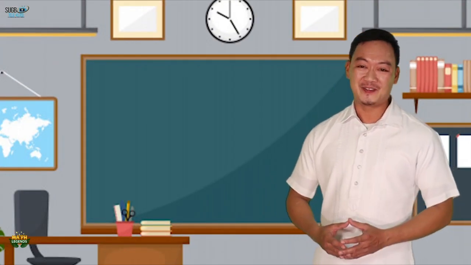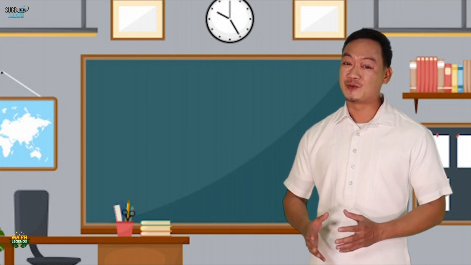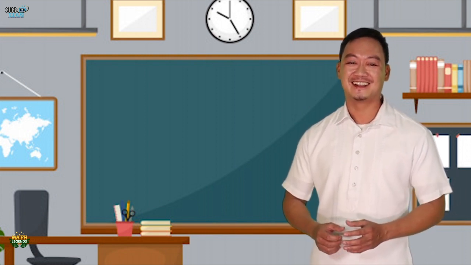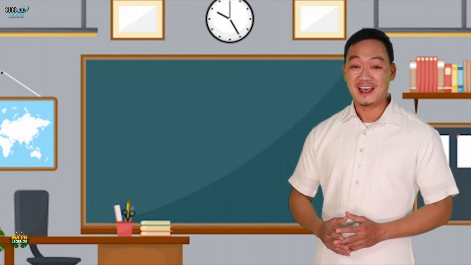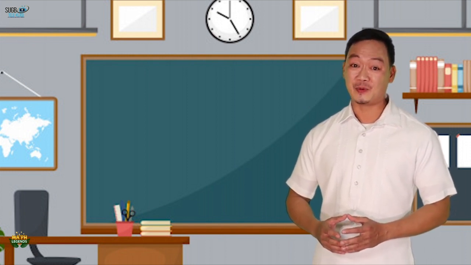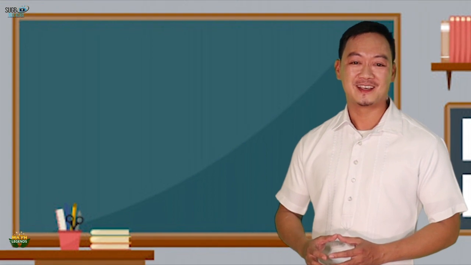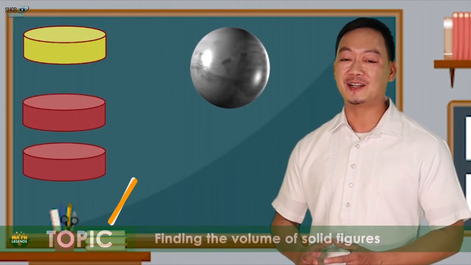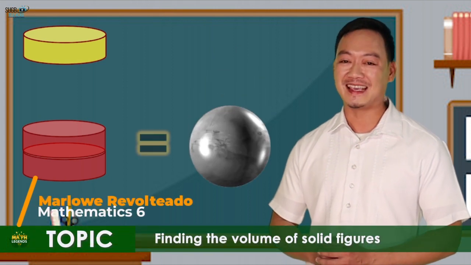So what have you found out this time? Is the rule similar as the cone and the pyramid? Absolutely not. The case is different with the sphere this time. The volume of a sphere is 2/3 the volume of a cylinder of the same height and diameter.